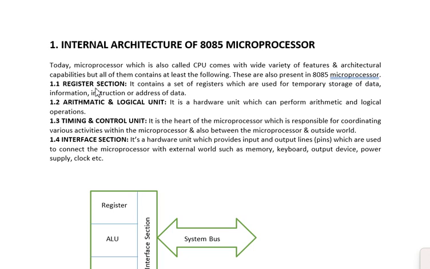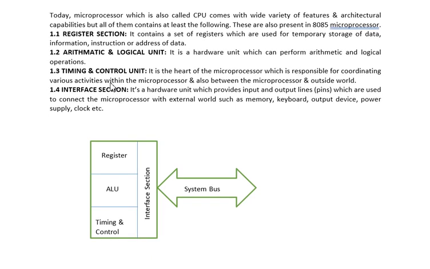Also, to provide the power supply to the microprocessor, two pins are there for positive and ground power supply, and two pins are there for connecting a crystal oscillator which can provide the clock. So this is in general called the interface section. We'll talk about this interface section again later on.